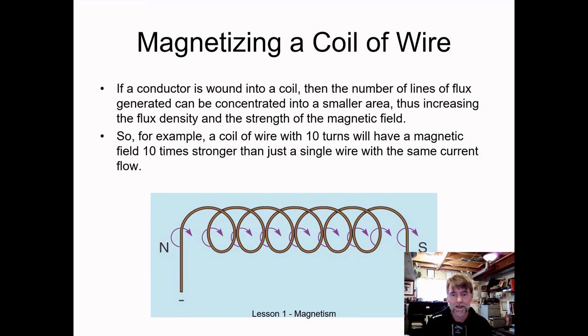Okay, so this particular coil that you're looking at has 10 loops, which means the strength of the magnetic field created by this coil will be 10 times greater than the conductor all by itself. Okay, and that is all about flux density. We've taken the conductor and the lines of flux around that conductor and squeezed it into a much smaller space. Okay, as a result, you get a much stronger magnetic field.